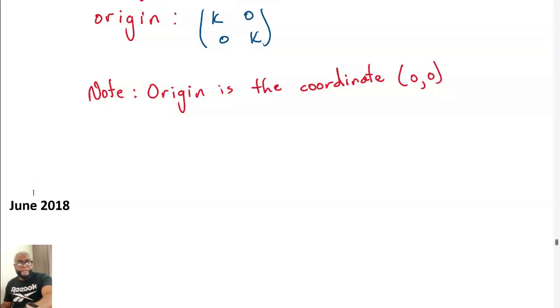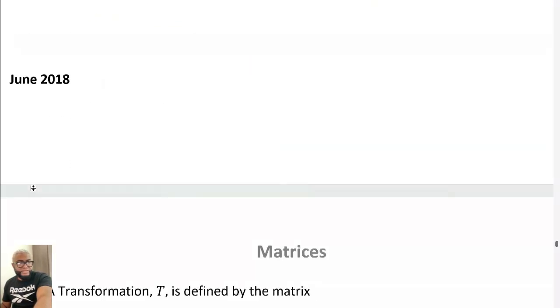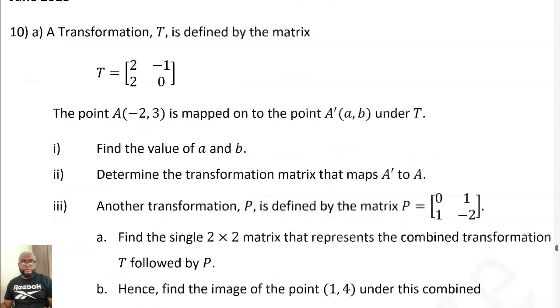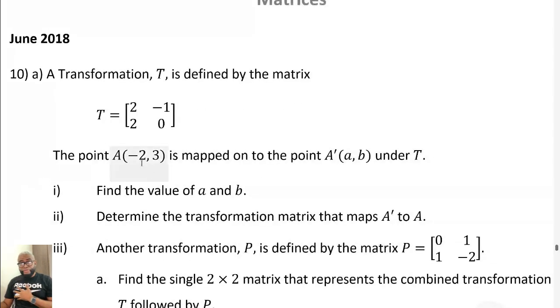Right. So we're scrolling down. June 2018. A transformation T is defined by the matrix T is equal to 2, -1, 2, 0. They told us that the transformation matrix is this.